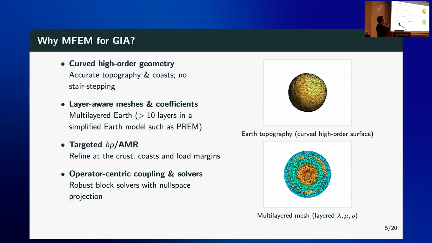And the Earth has many layers. Even very simple Earth models can have more than 10 layers in the mantle. So the platform must be layer-aware for the meshes and the coefficients. And we prefer this operator-centric approach, and we will benefit from robust block solvers with good null space projection.